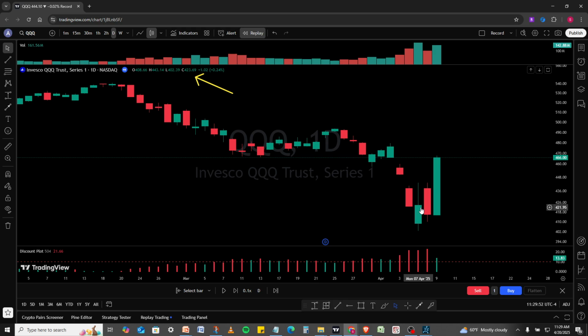And at the end of the day, we know, looking at the shape of the bar, the tails of the bar, and the color of the bar, who won for the day. Was it bears who were pushing down the market, or, sorry, bulls who were pushing up the market for the overall trading session?